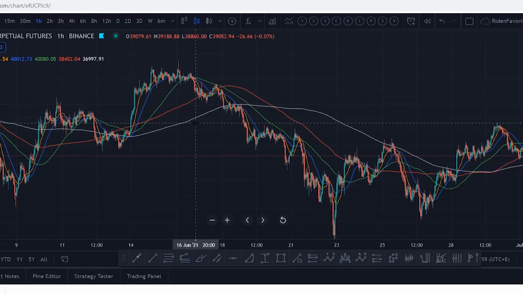Lagging indicator means they are just giving you the data of whether the price is moving up or down. So rather than define the current direction, they lag due to being based on the past price. So this is based on the past price, the recent prices.